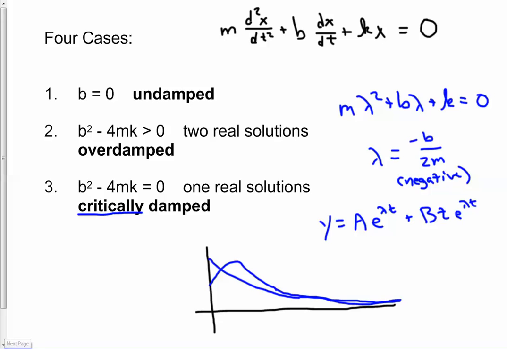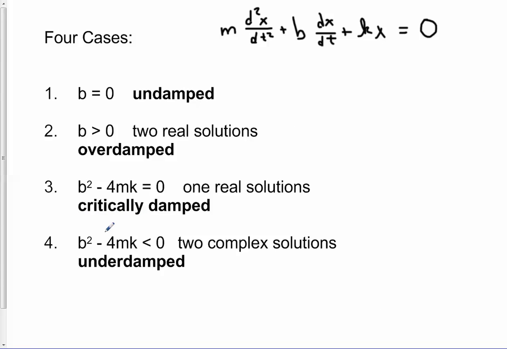Okay. And so finally, and this is of course the case where it does go past its original point, when b squared minus 4mk is negative, we get the two complex solutions because the square root in the quadratic formula will be negative, and this is considered underdamped.